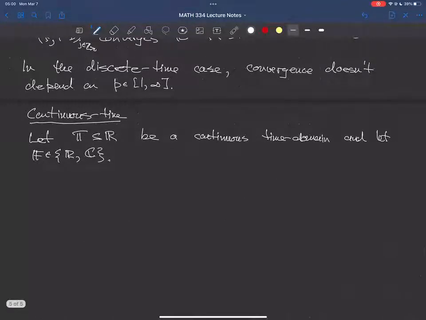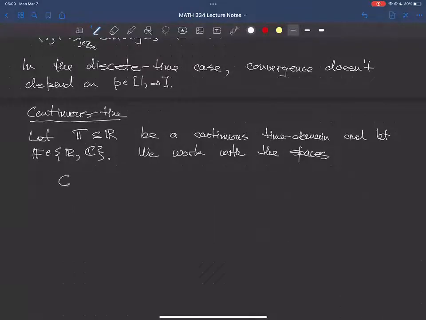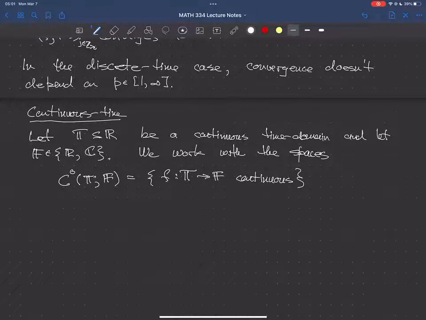So the two kinds of spaces we work with are the following. There's C0. This is all continuous signals, with no restrictions about boundedness or compact support, just all continuous signals.